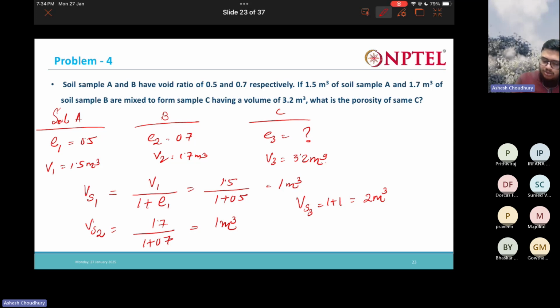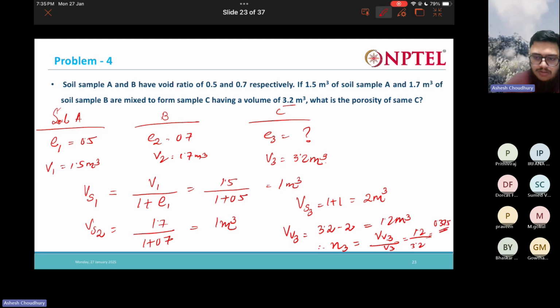And the total volume is 3.2. So the volume of voids of 3 is 3.2 minus 2, equal to 1.2 meter cube. Therefore the porosity of soil C is VV3 by V3, which is 1.2 by 3.2, that is 0.375. Right, correct. Very good. This is how you need to do it.